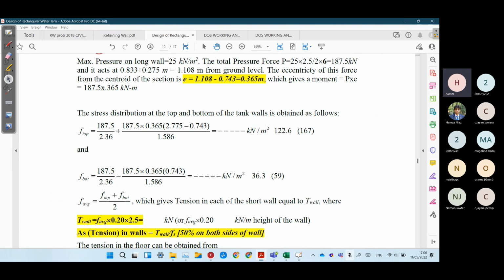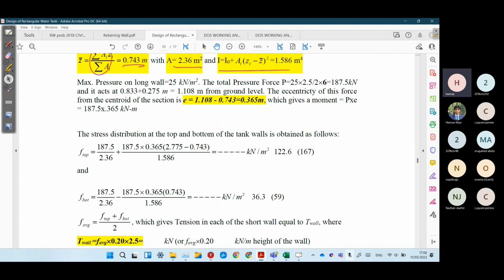Calculating this total moment of inertia, we can get maximum pressure, as we already know the pressure force. Now 31.25, we calculated pressure force per unit length, and if you multiply it with the length of the wall, 6, we'll get this total pressure force. And it acts at centroid. The wall is 2.5 meter high, so the pressure force would act at 2.5 divided by 3.